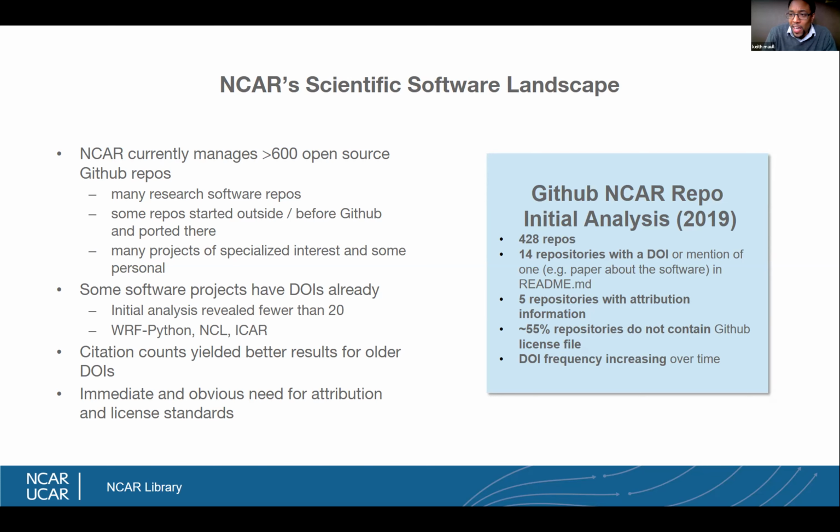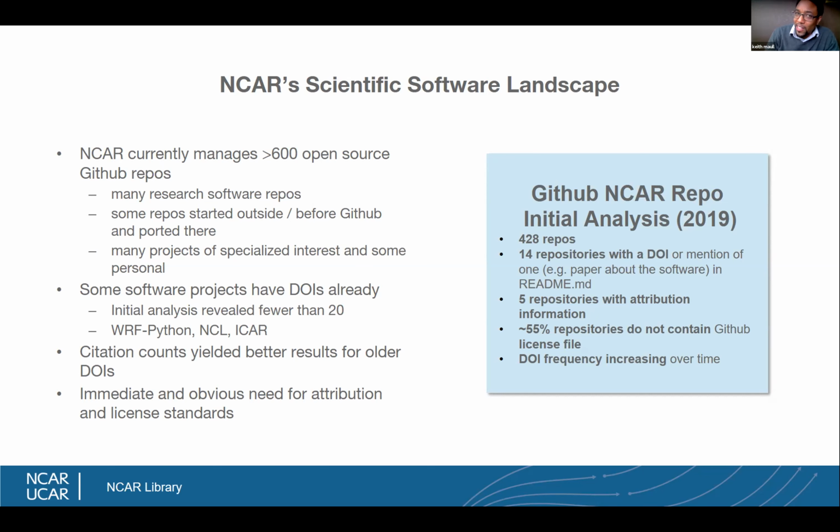But the idea that we were trying to understand is, why or how can we understand the broader software citation landscape within NCAR, and also look at some of the best practices that are out there and understand, are people using DOIs? If they aren't, why aren't they broadly utilizing the best practices in terms of allowing their community access to the citation recommendations that they would like?